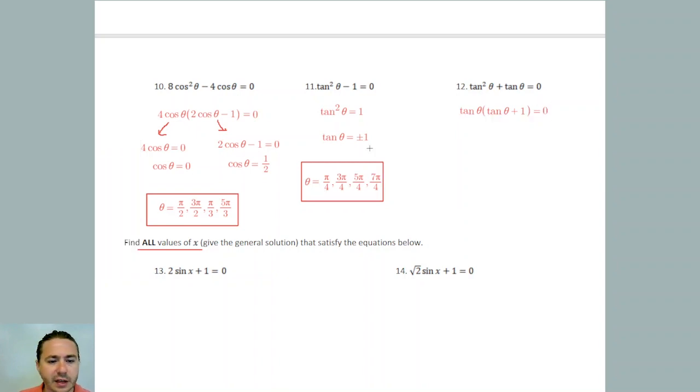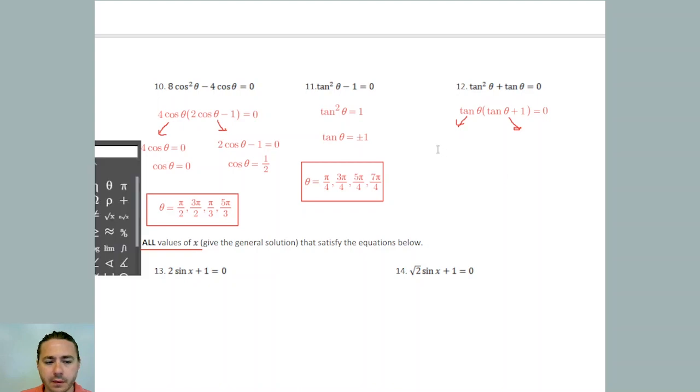So we'll split this up. Either tangent of theta equals 0 or tangent theta plus 1 equals 0. If we subtract 1 on both sides, we get tangent of theta equals negative 1.